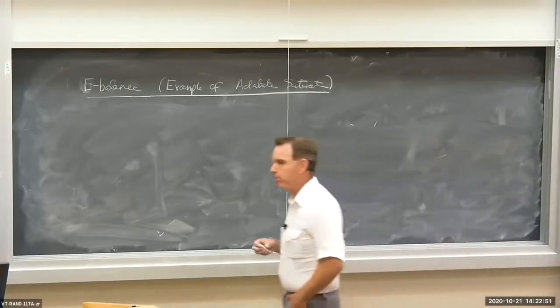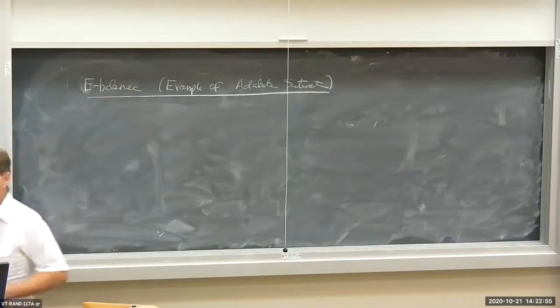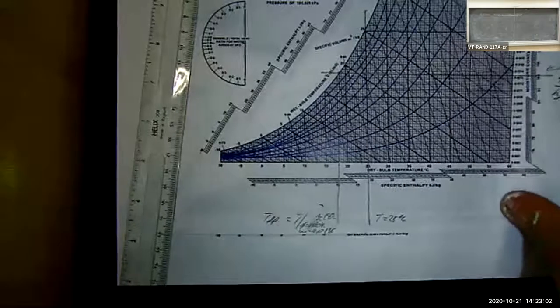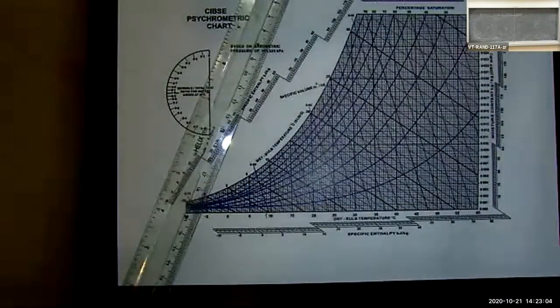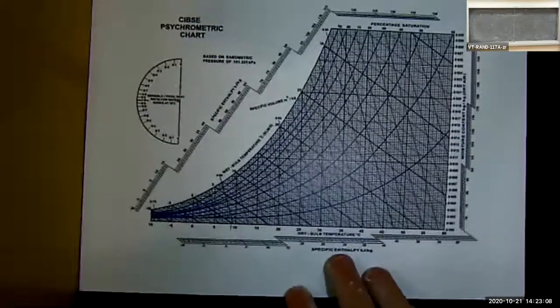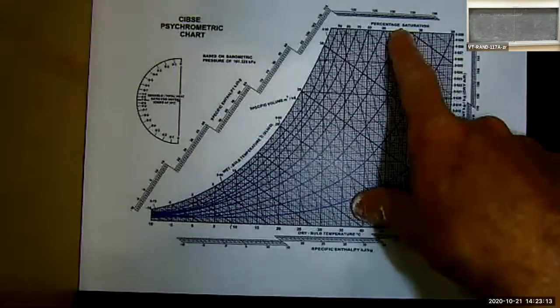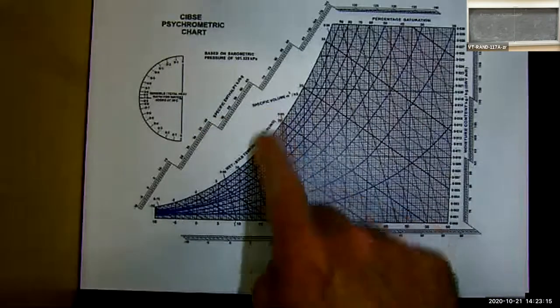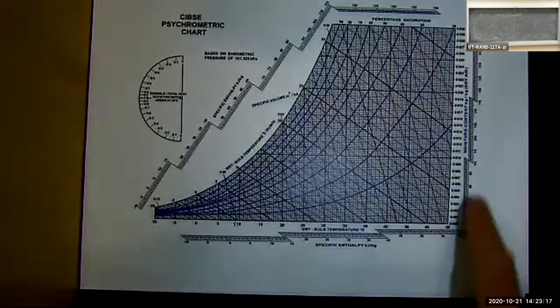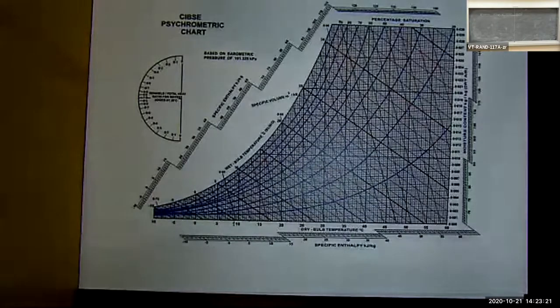So first thing I want to do before we get started here is I want to point out that from the psychrometric chart, so let's go to the psychrometric chart here, it's our previous example. Because this is a two-dimensional plot, it implies that every property here, specific enthalpy, relative humidity, specific volume, temperature, absolute humidity, all of them are a function of two properties.